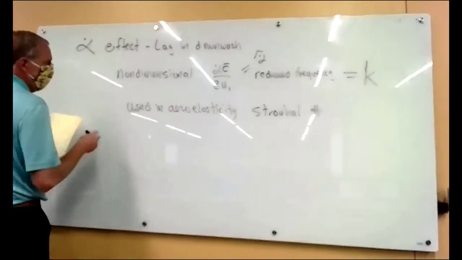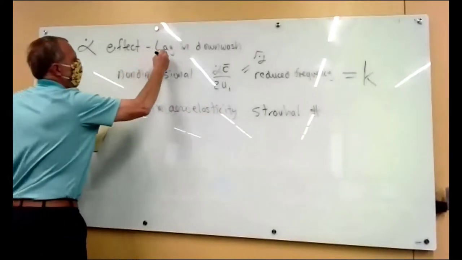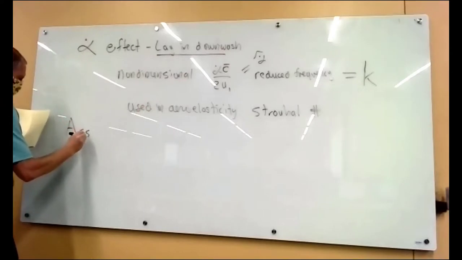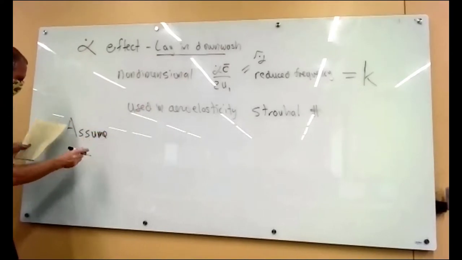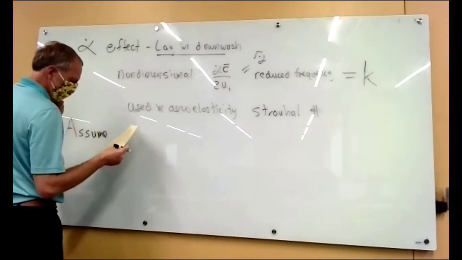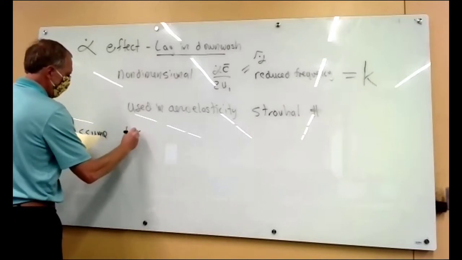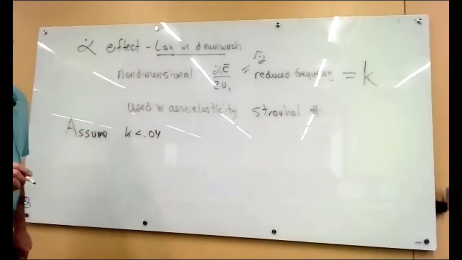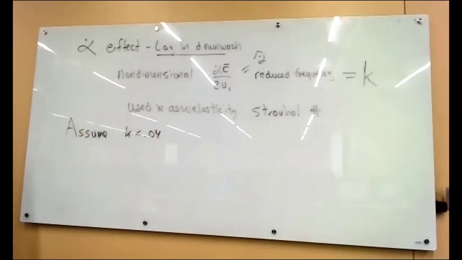And so along with what we do with this lag in the downwash model, we make an assumption that this reduced frequency is less than about 0.04, which means that we don't have to include the full effect of an oscillating airfoil. All we have to do is include the lag of the downwash getting back to the tail.